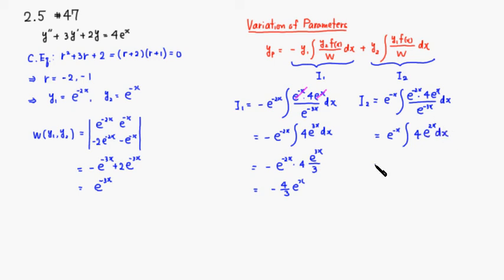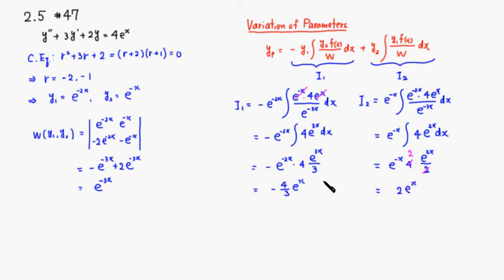Then take the antiderivative: e to the -x times 4 times e to the 2x over 2. Then we can cancel 2 and 4, so there's 2 left over, and we end up getting 2 e to the x.